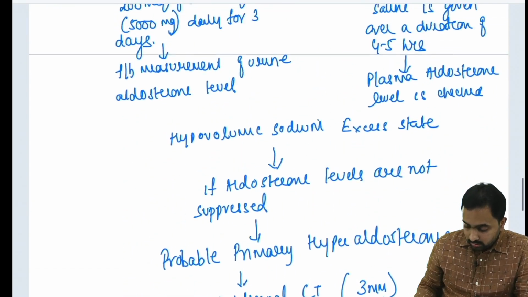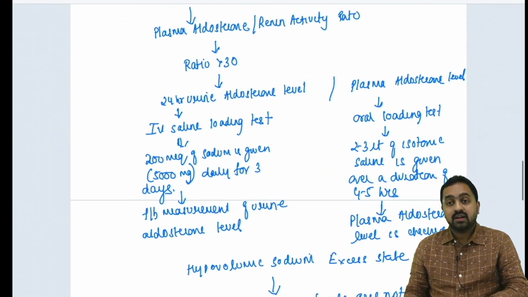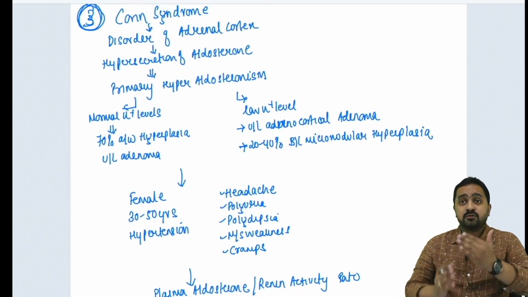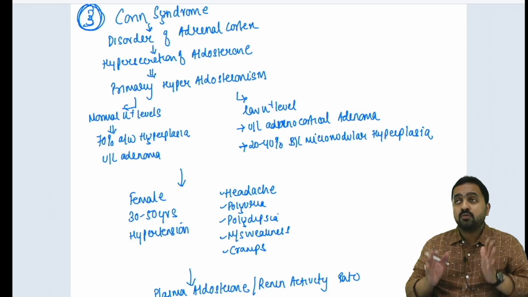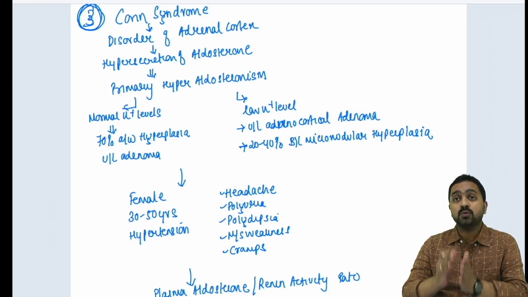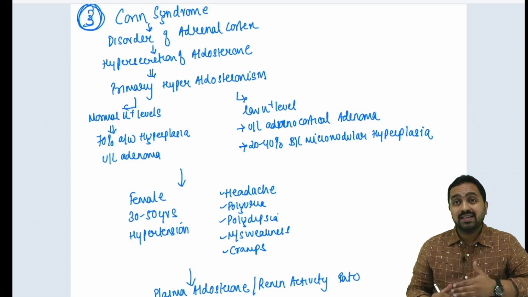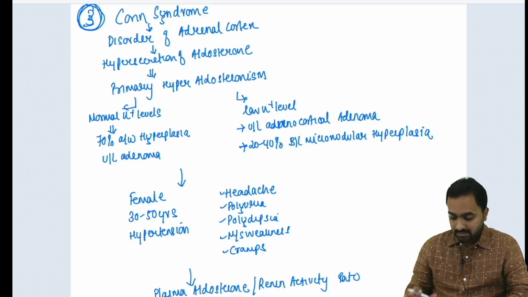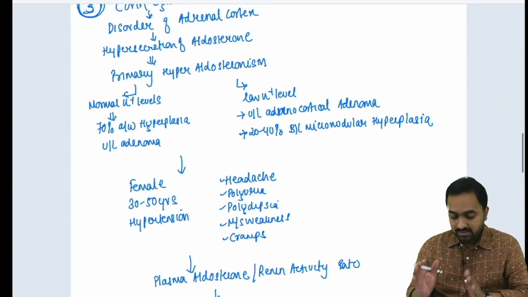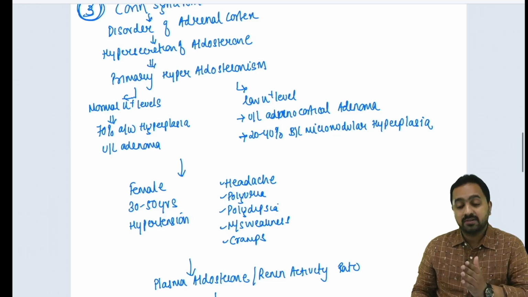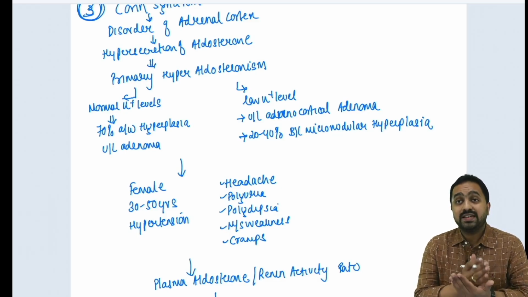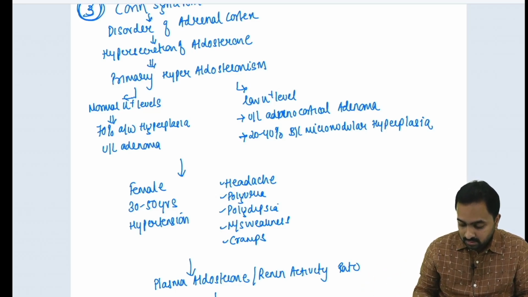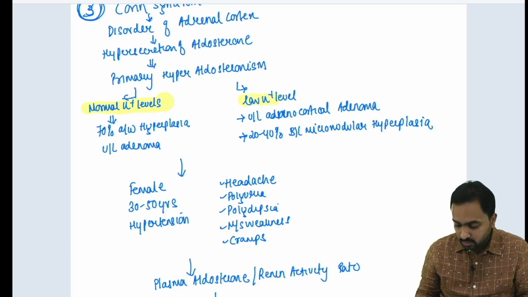So coming back to the flowchart again for revision purposes, the basic idea is to follow the adrenal flowchart, which would give you an impression of what to do next, and help you answer the next best step in your exam. So, Conn syndrome is a disorder of adrenal cortex leading to hypersecretion of aldosterone, where there is normal potassium level and low potassium level.